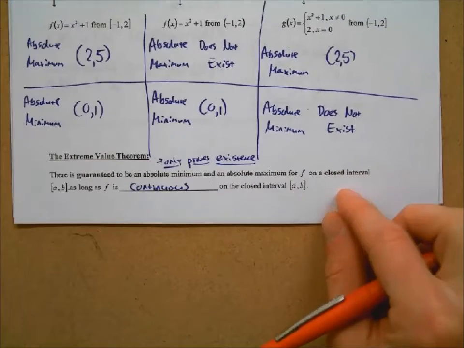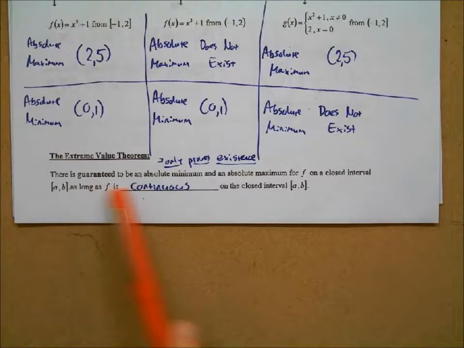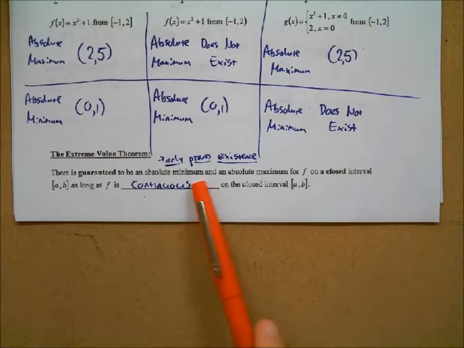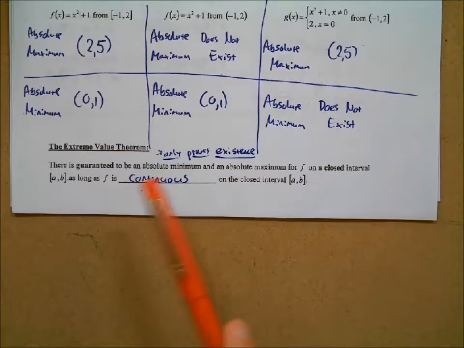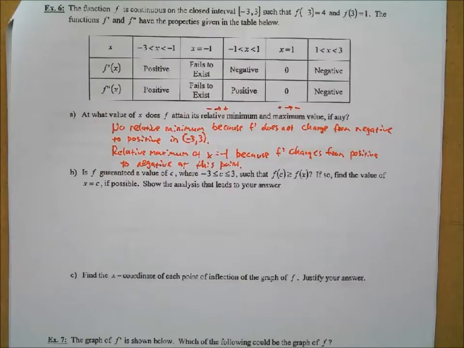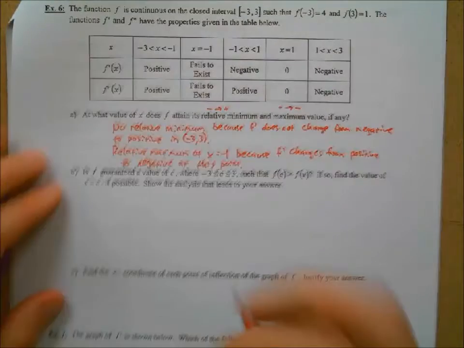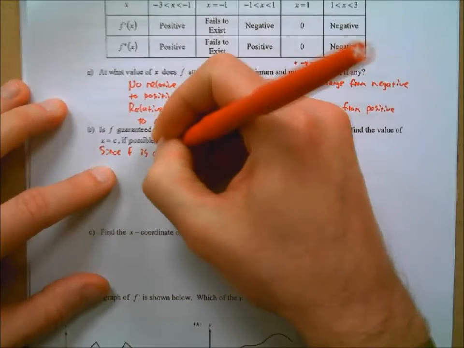Okay? What must occur? There is guaranteed to be an absolute minimum and absolute maximum for f on a closed interval AB as long as f is continuous on the closed interval AB. Is our function continuous in the closed interval? It sure is.